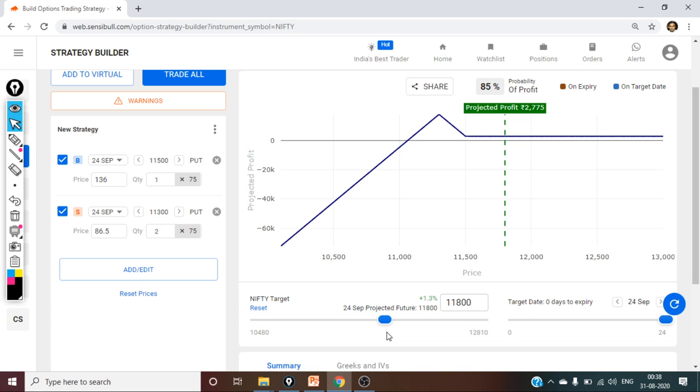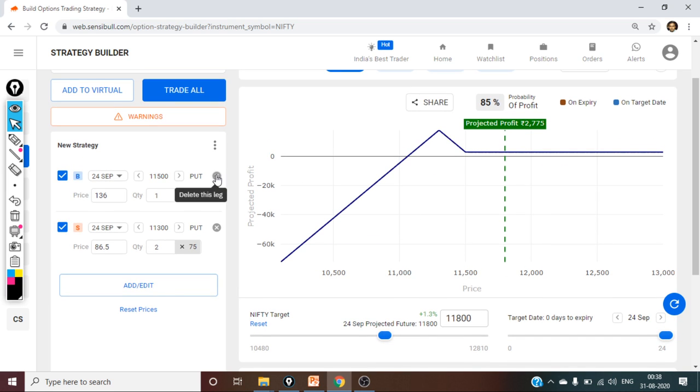You convert that debit spread into a put ratio spread, or you convert it into a ladder. Then you exit taking minimum profit. So you start with a bearish view and the view was wrong. Then you start managing your position and ultimately at the end of the month you exit with a minimum profit. That is very minimum, 2,000 rupees, 1,500 rupees, because with a wrong view you make money, so it will be little.